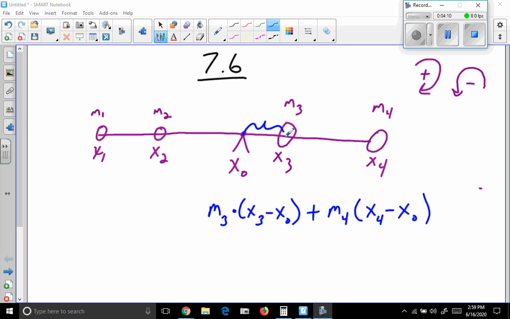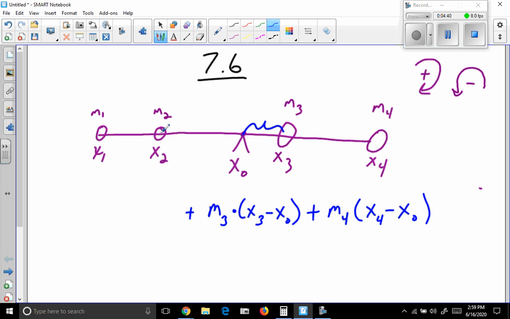Notice, just think about x values. If this x location is 3 and this x location is 1, 3 minus 1 is a positive number. So a positive radius times a positive mass would cause a positive rotation. Same thing here. If this x value is 7 and that's 1, 7 minus 1 is a positive radius times a positive mass, that makes a positive rotation.